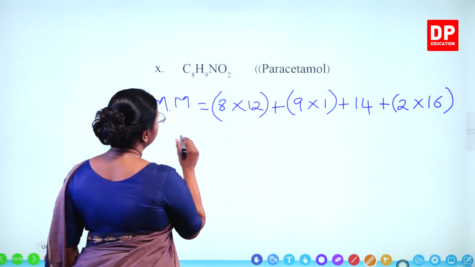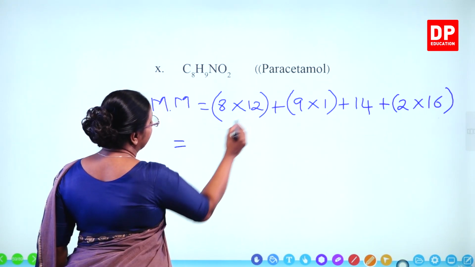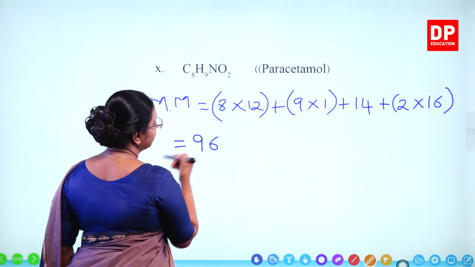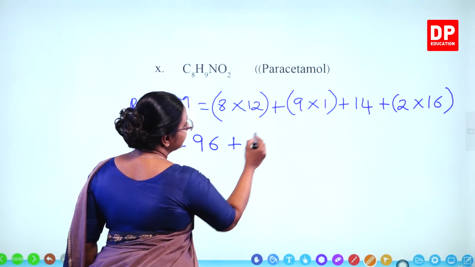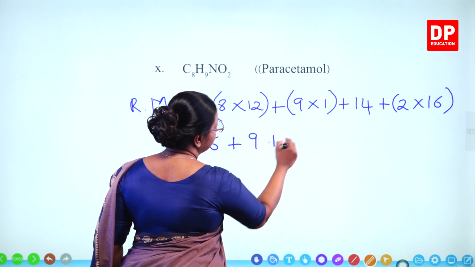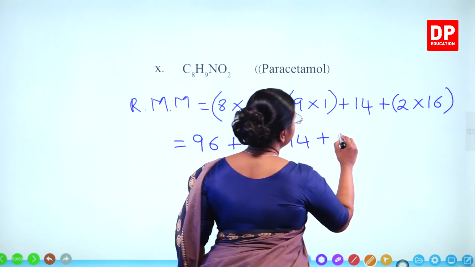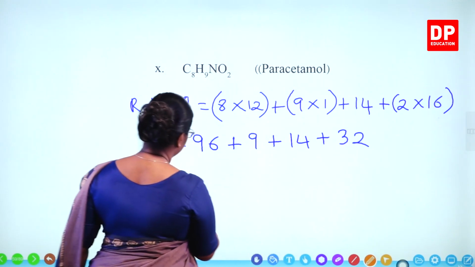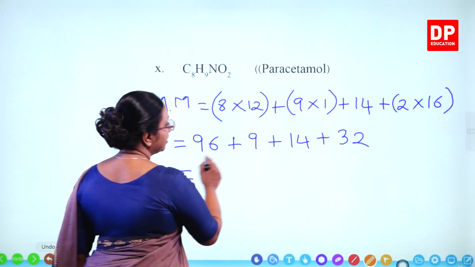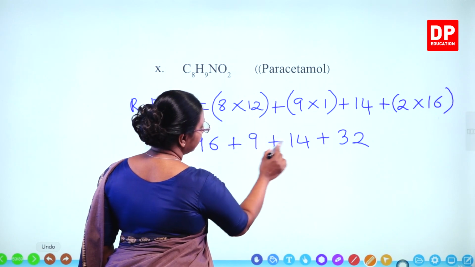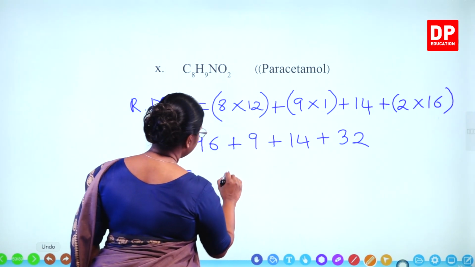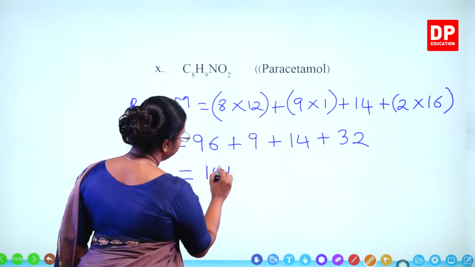So when you do the calculation, 8 into 12 is 96. Then plus 9, 9 into 1 is 9, 14 is there and 2 into 16 is 32. So when you add them together, it will be 151.